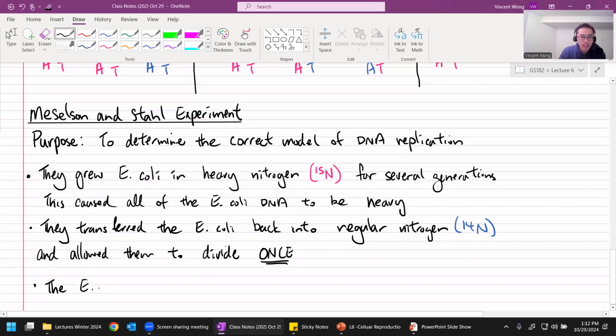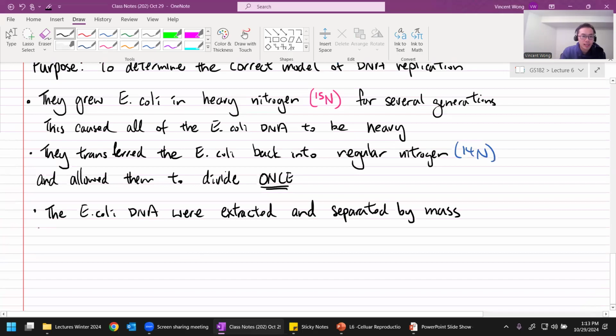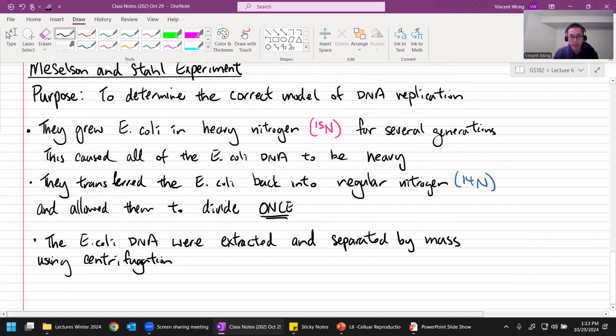The E. coli DNA were extracted and separated by mass using, once again, centrifugation. Okay, you spin these DNA down and it will separate by weight. Heavy stuff goes to the bottom, light stuff goes to the top, and if it's intermediate mass, it goes in the middle. Okay, so that's what they did.